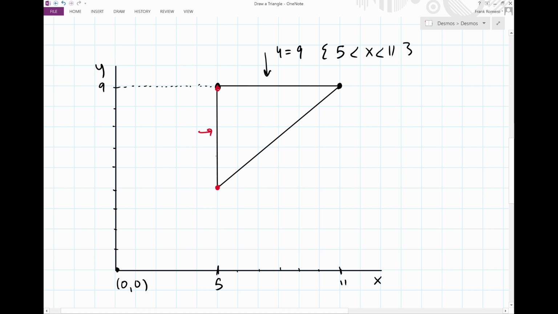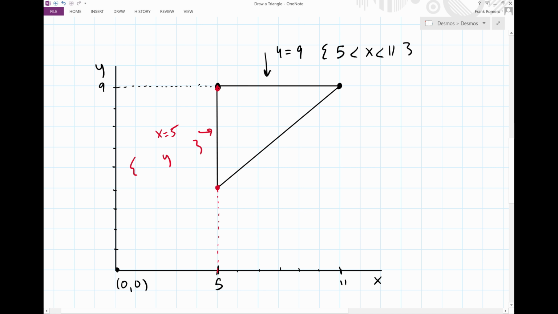this particular line is vertical, and it hits the x-axis at 5. So that's going to be x is equal to 5, right? And it's controlled by y in terms of how long the line is going to be.